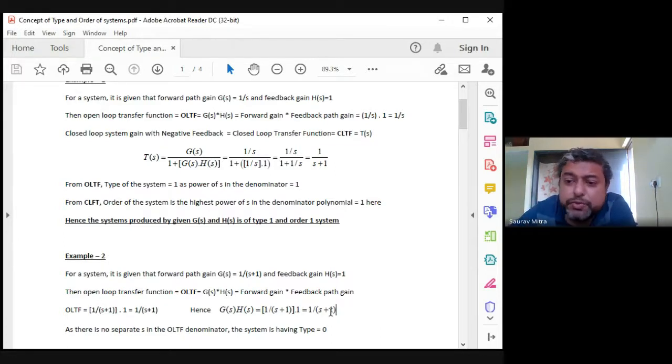Okay, so there is nothing here in the denominator. Is it understandable? Is there an S at the denominator? No. S plus 1 doesn't count. S plus 1 is situated at minus 1. I want how many S are there at origin? None at all. That means 0. The number of S at origin is 0. That's why this system is called a type 0 system.